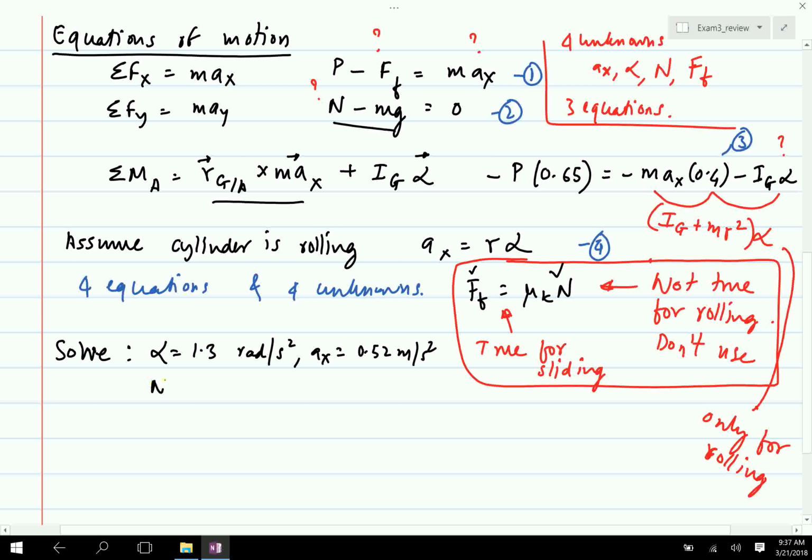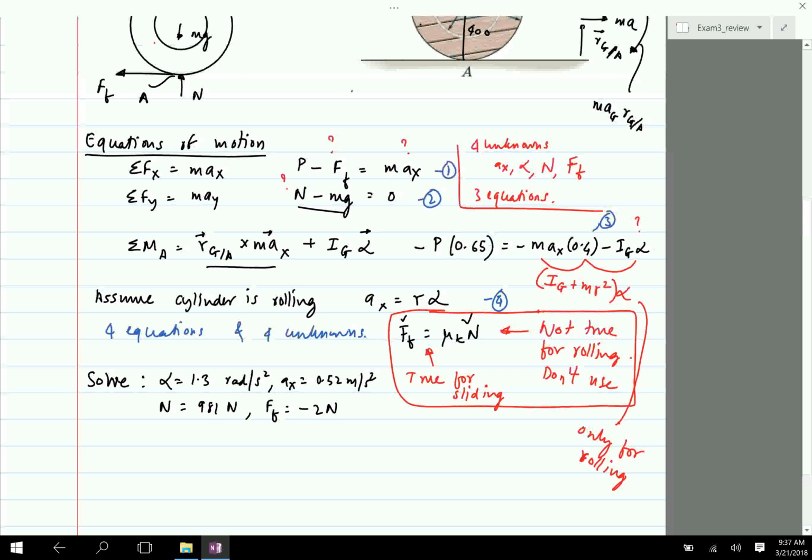The reaction force comes out to be 981 newtons, which is very easy to see from here. And then the friction force actually comes out to be -2 newtons, which means that the assumed direction of friction is not right. It's actually acting to the right side, not to the left.